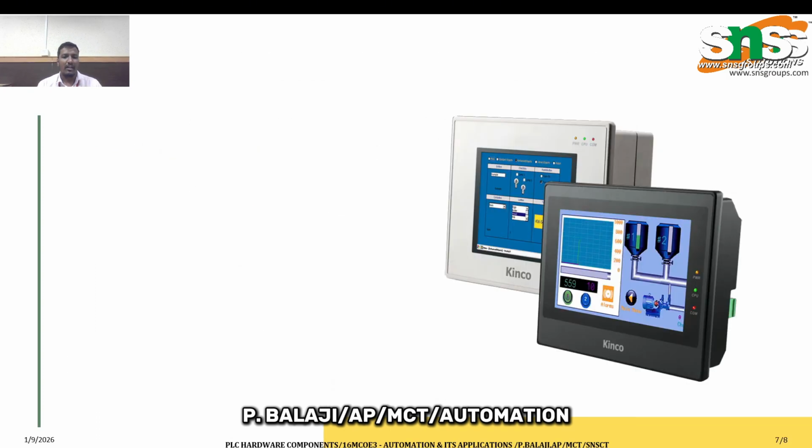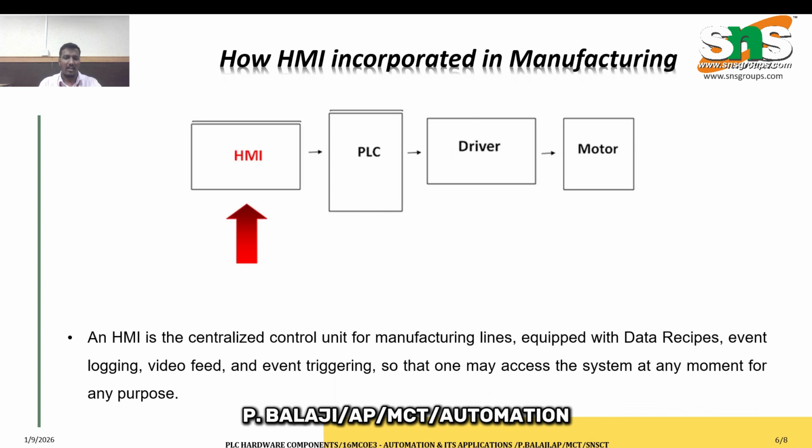So basically, HMI is structured as shown on our screen: HMI, PLC, driver, motor. Okay, so we have to give the data to the HMI, and then we communicate all those data through our PLC.